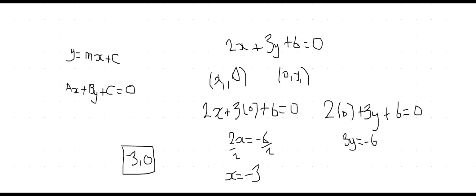We have y is equal to -2. And so the y-intercept is 0, -2. So we have 2 points here, -3, 0 and 0, -2.